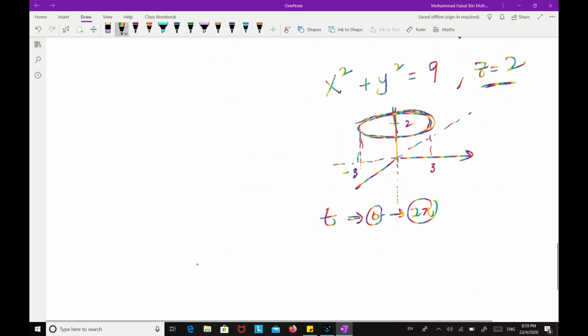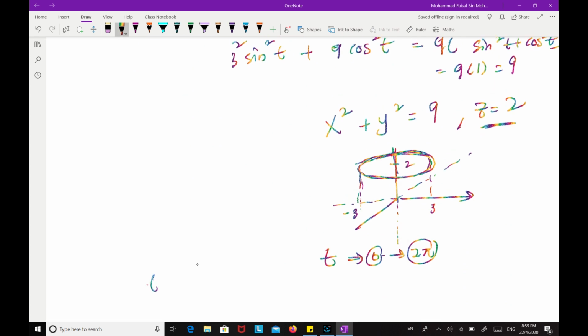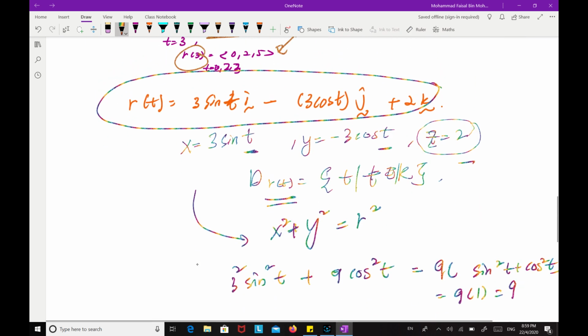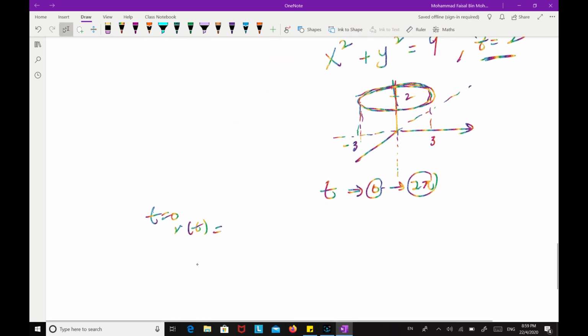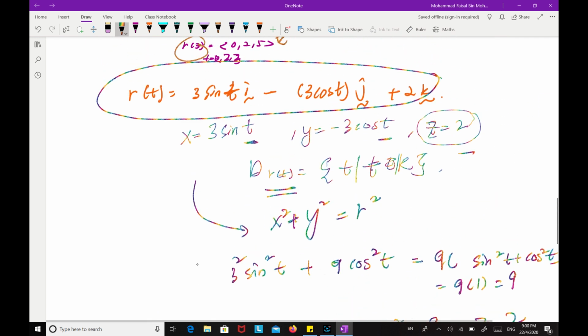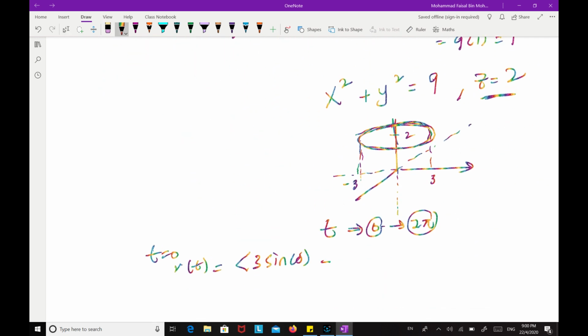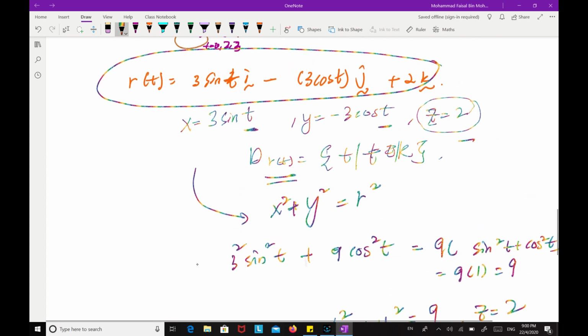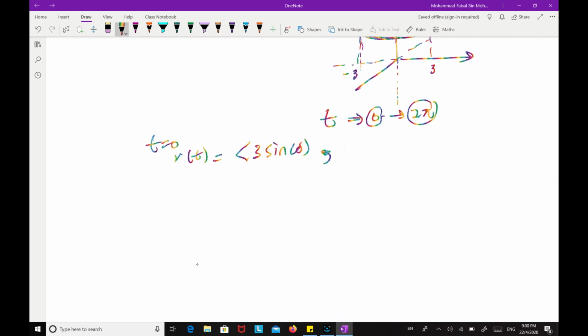So if I put t, let's say I start with 0, so t equals 0, your r(0) will be 3 sine 0 i, or I just put in another form without i, 3 sine 0, comma, minus 3 cos 0.